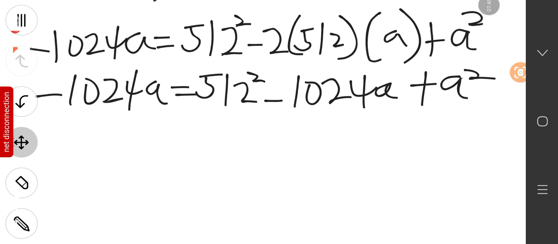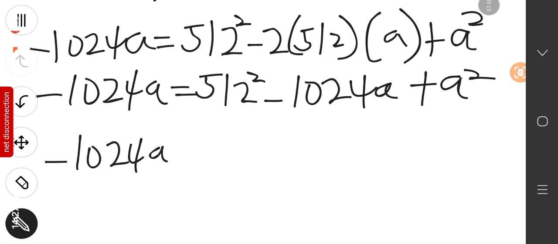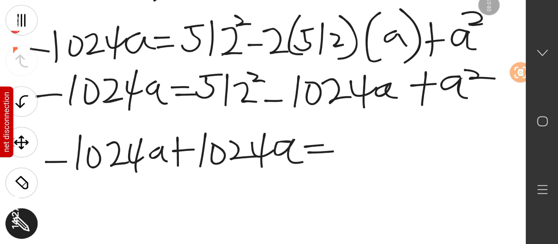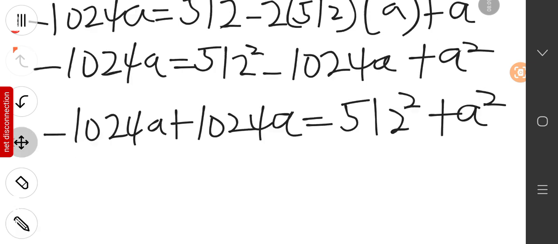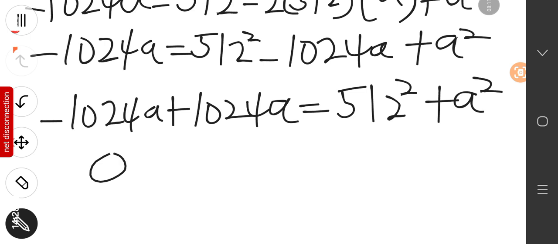So let's proceed. Now we're going to have minus 1024a plus 1024a equals 512 squared plus a squared. So this side gives us 0.